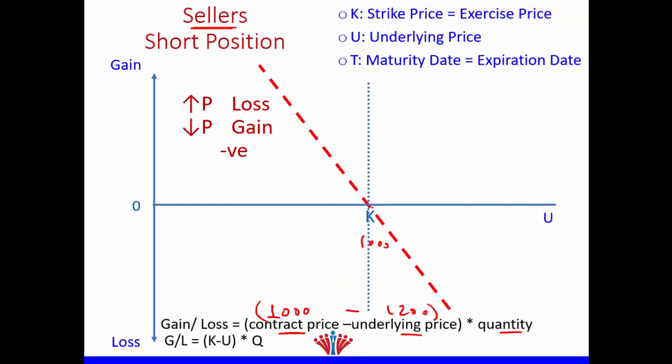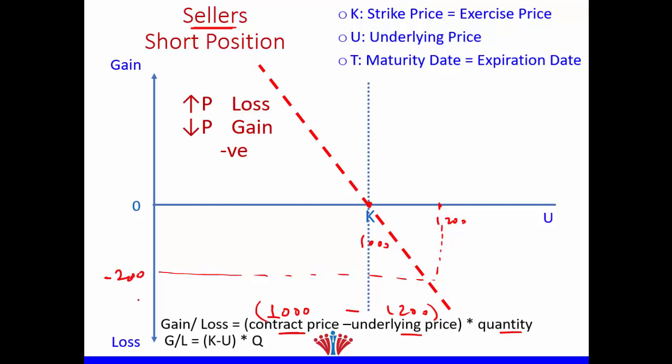So here our K is equal to 1,000. If the price in the contract is the same as in the market in the future, we will make no gain, no loss. It will be zero. But if the price increases here to 1,200, we will go down here, we will intersect, and this will give us negative 200.